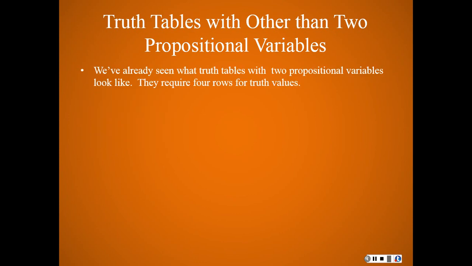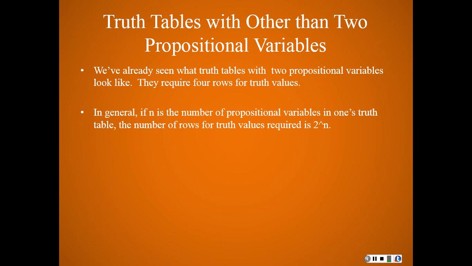We've already seen what truth tables with two propositional variables look like. They require 4 rows for truth values. In general, if n is the number of propositional variables in one's truth table, the number of rows for truth values required is 2 to the n.